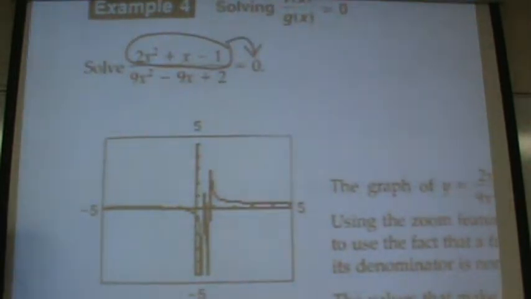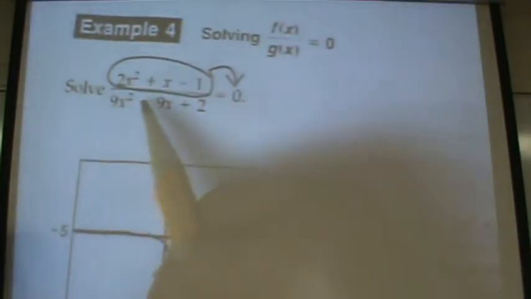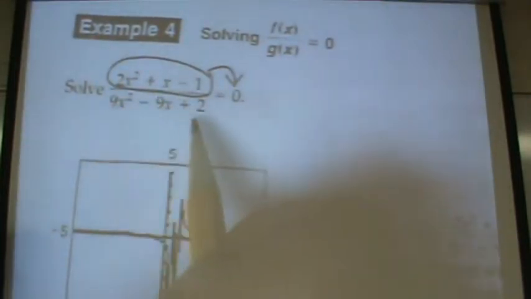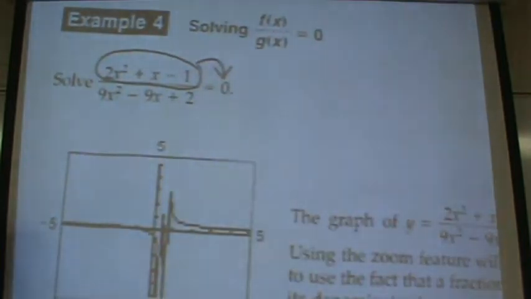So all you have to do on this one is set 2x squared plus x minus 1 equal to 0. But you have to make sure that answer will not satisfy the bottom because it's undefined there. But we're not gonna go there. We're just gonna stick with finding the zeros of the numerator right now.